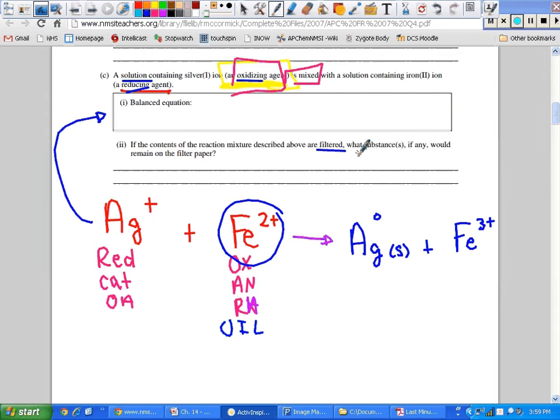You need to mention silver though. You would have to say silver. What they have, it says the precipitated solid silver remain on the filter paper. That's all it says. It says 1 point earned for the correct substance. I would say silver precipitate or particles or solid. Something to let them know you know it's silver solid.